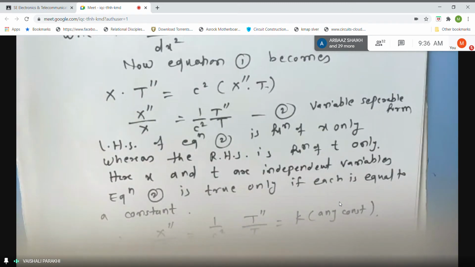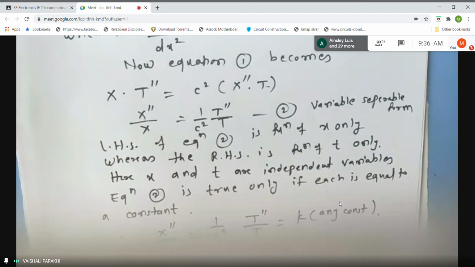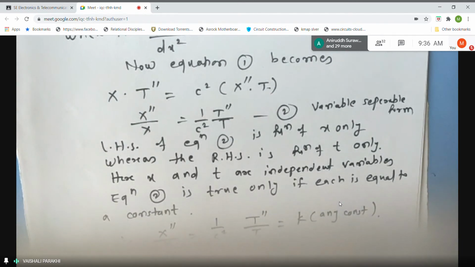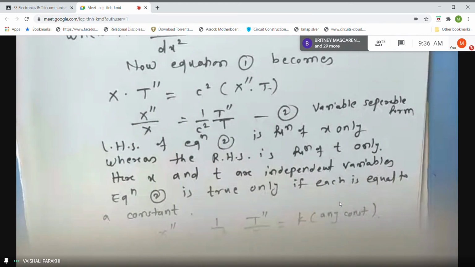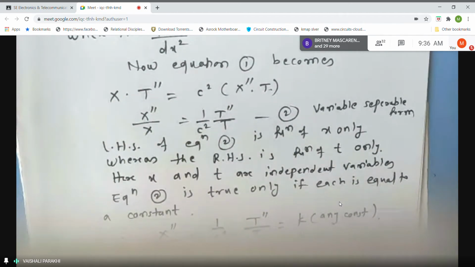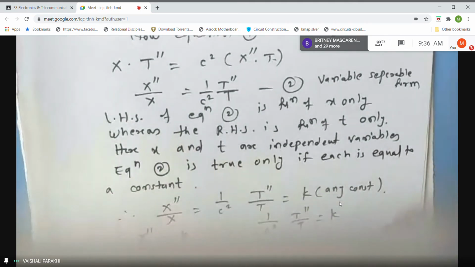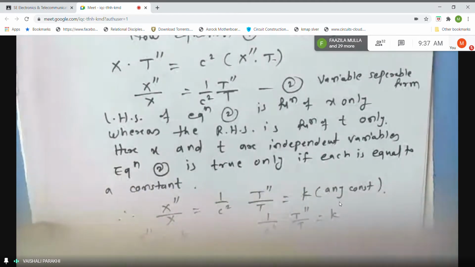So now see what you get, students. If I cross multiply, I am getting the equations. X double dash by X is equal to k and 1 by c square T double dash by T is also equal to k. Because you know that if a is equal to b is equal to c, then a is c and b is also c. When three things are equal, everybody is equal to each other, right?